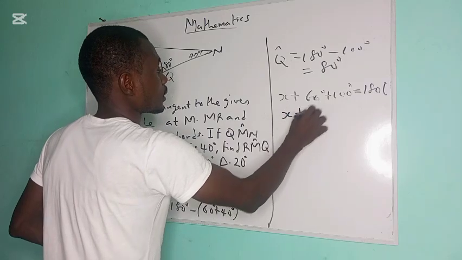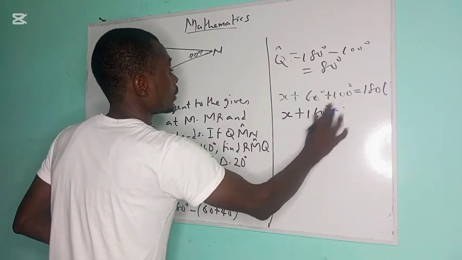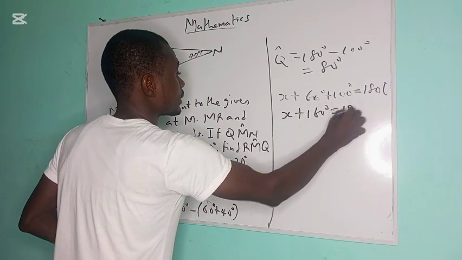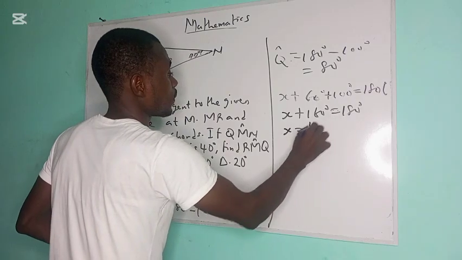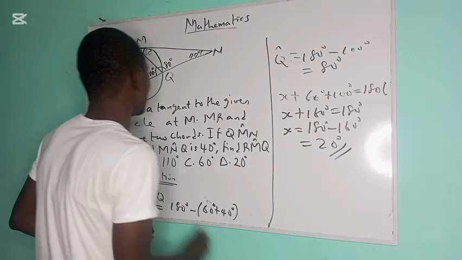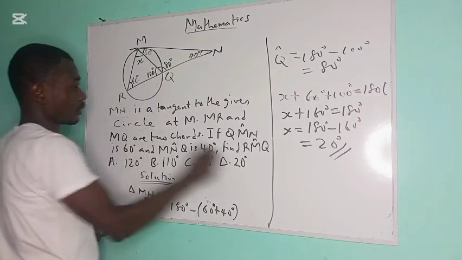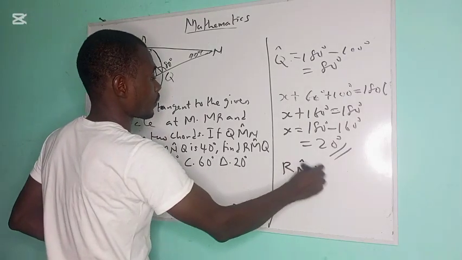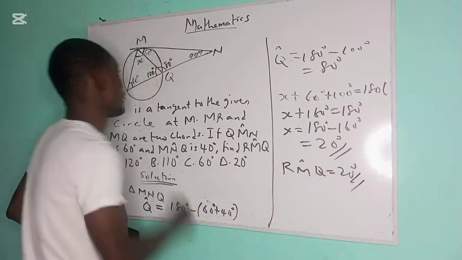That is x plus 160 degrees is equal to 180 degrees. So x is equal to 180 degrees minus 160 degrees, so that is 20 degrees. So x is 20 degrees. That is, RMQ is 20 degrees.